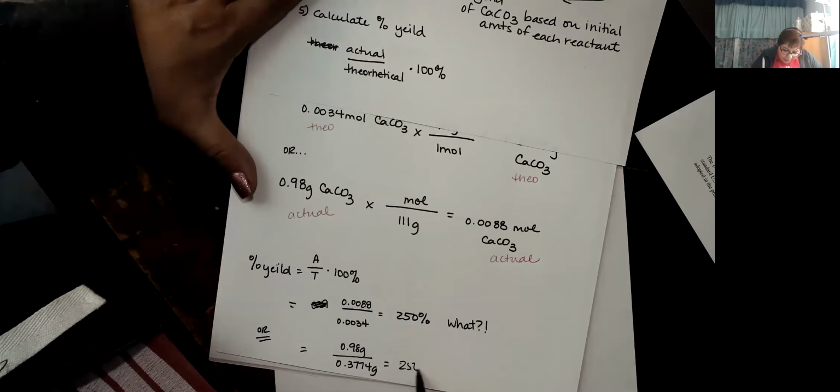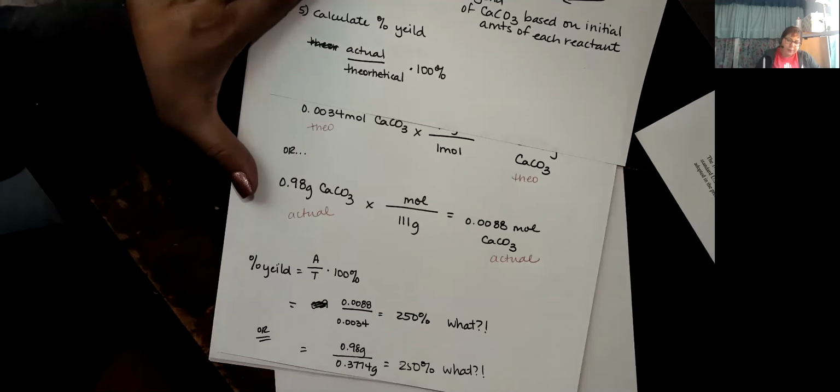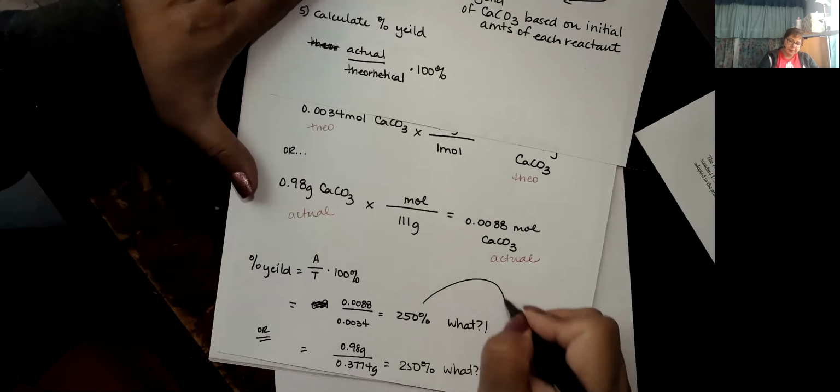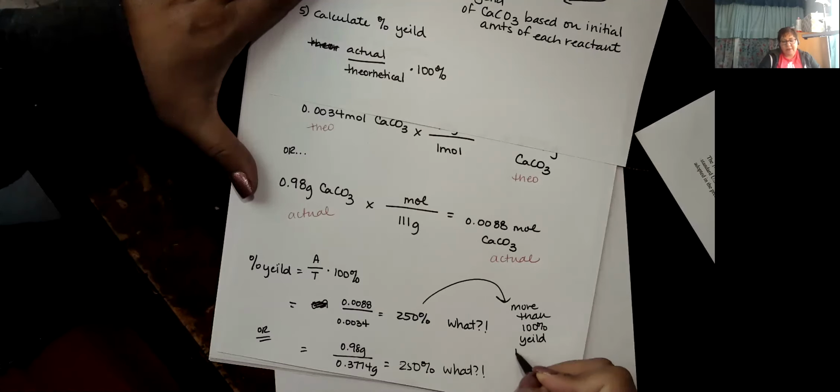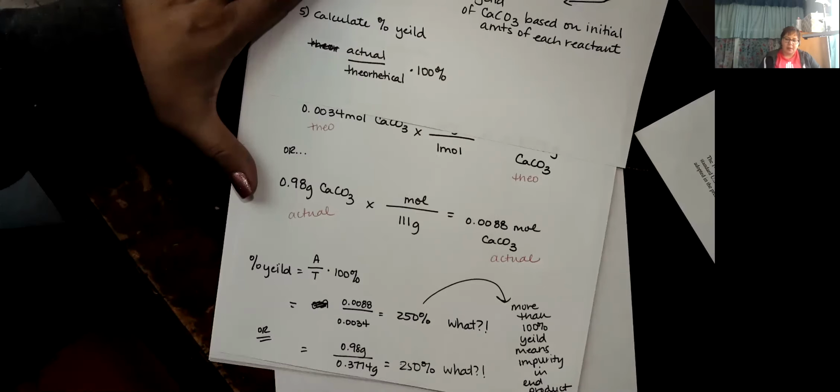And so how can you have something over 100% yield? Means that there's an impurity in your end product.